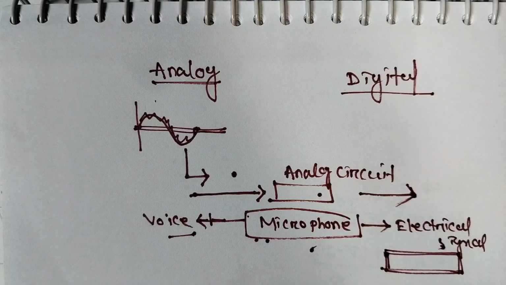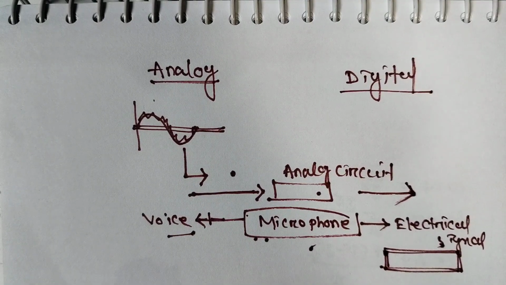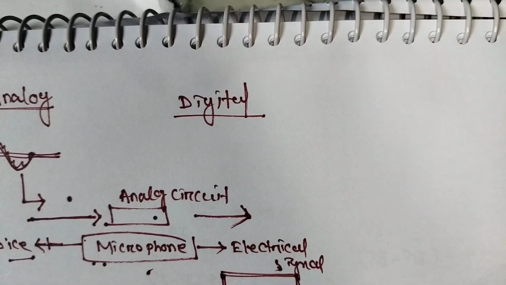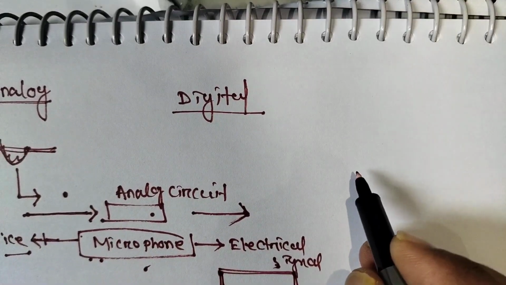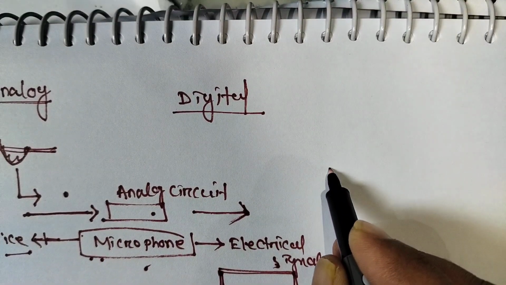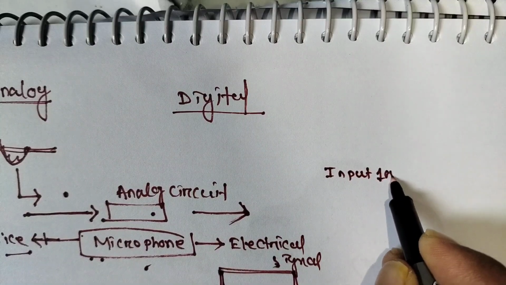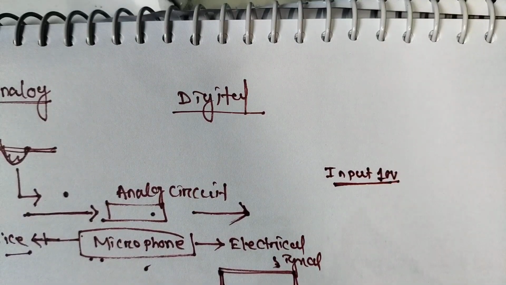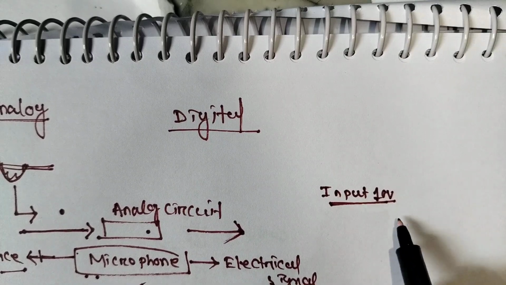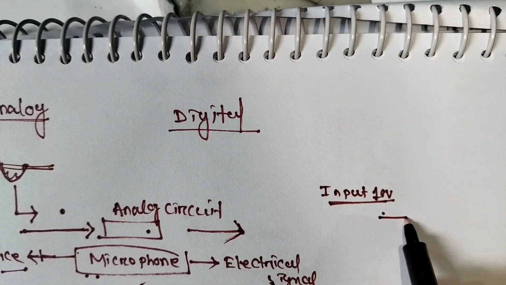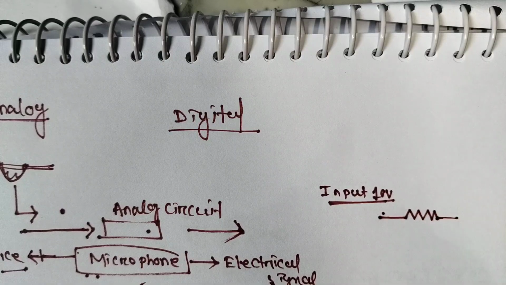For example, in the analog circuit you can have a scaling circuit. Suppose I give you an example of how the circuit will be. Suppose I give an input of 10 volt. If our requirement is 5 volt, normally you can use one resistor, but other cases also happen.